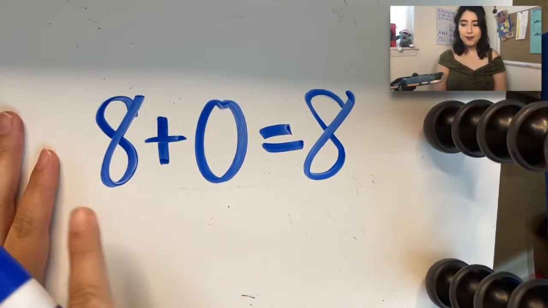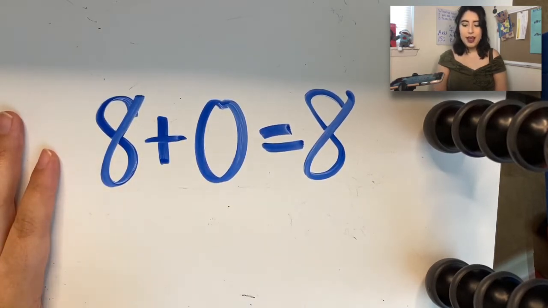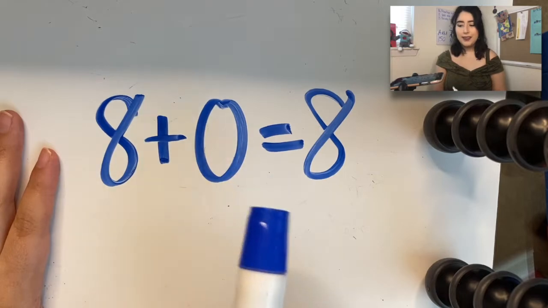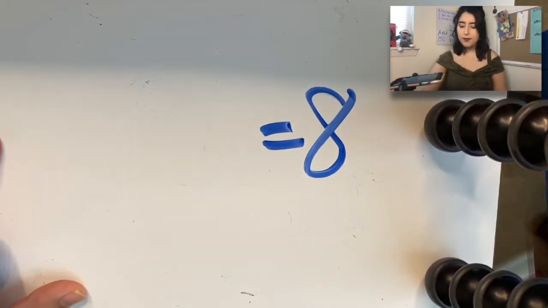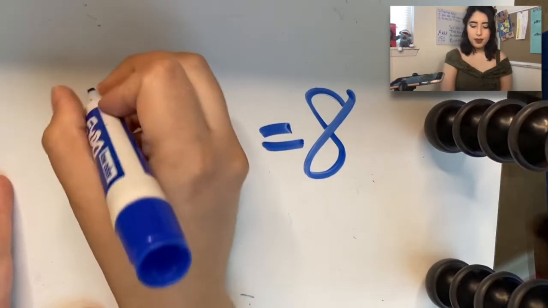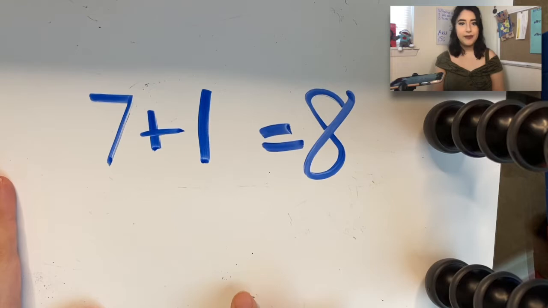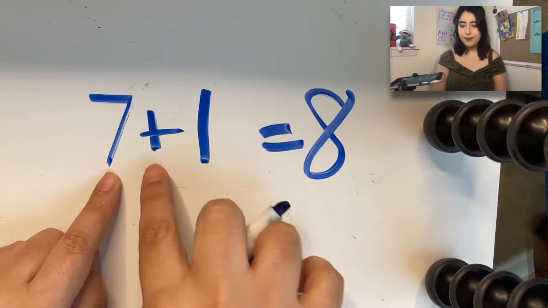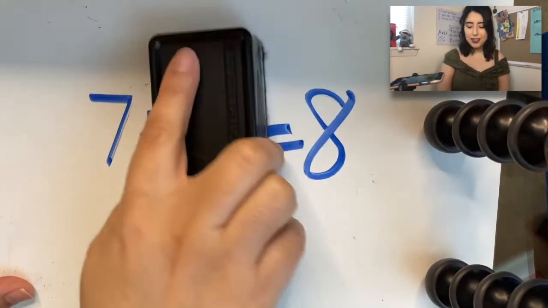Read it. 8 plus 0 equals 8. Great. Seven plus 1 equals 8. Say it. 7 plus 1 equals 8.